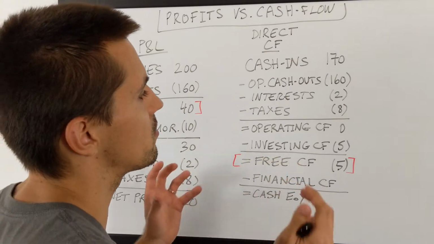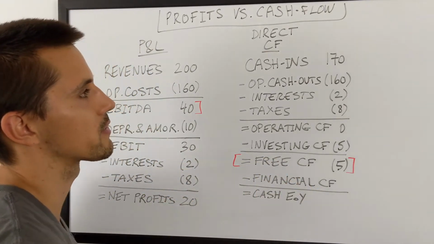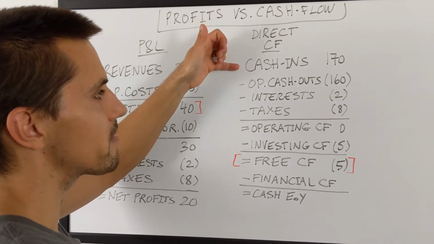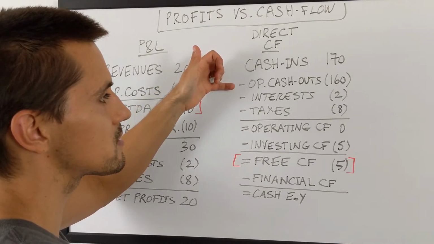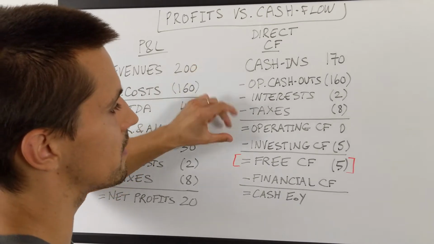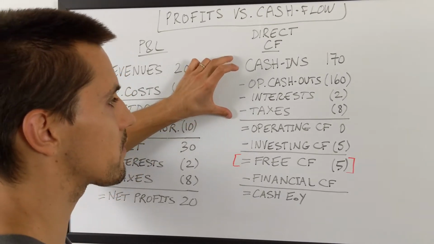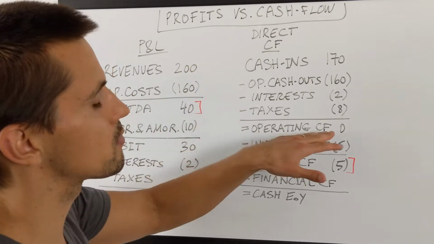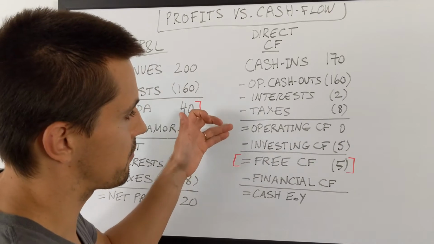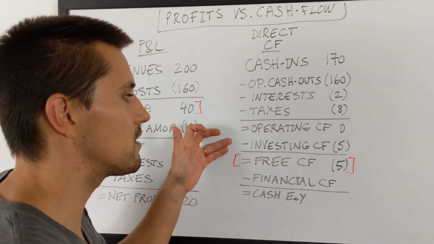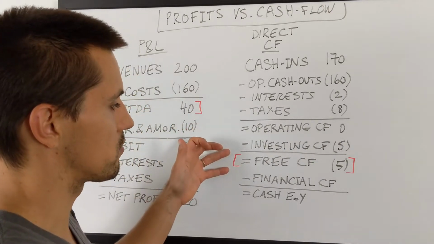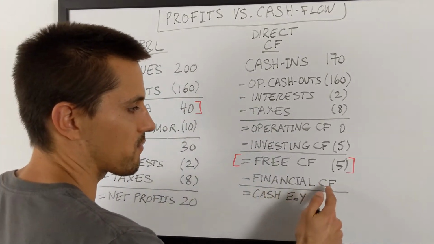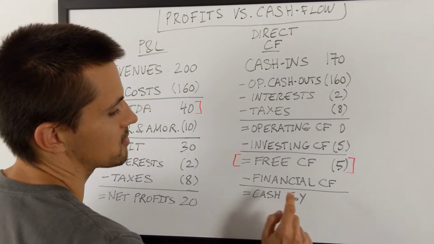So when people say, oh, the cash flows, what are they usually talking about? First of all, when we start at the top line, we have some cash ins minus our operating cash outs minus interests, which are in the operating cash flow, minus taxes, and all that stuff leads to our operating cash flow. From that, we subtract our investing cash flow, leading to the free cash flow, which is the cash generation of the company, minus financial cash flow, which leads to cash at end of year.